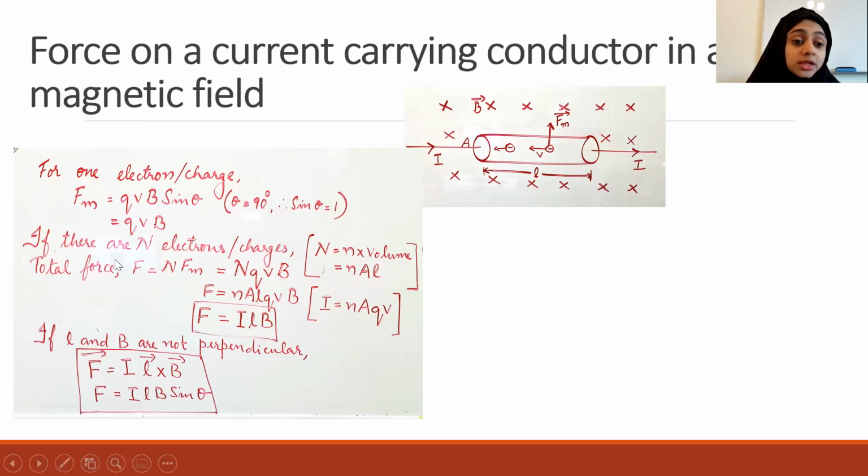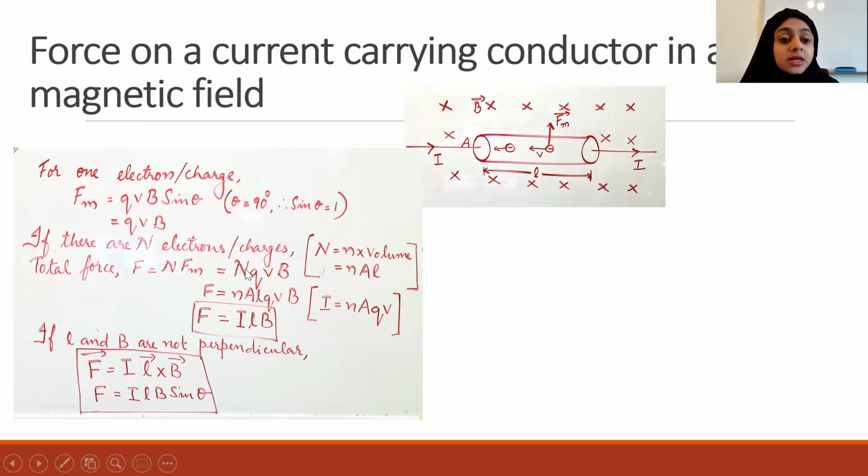So this is the force due to one charge, and this is the total force. If there are N charge carriers, then F will be equal to N times the force acting upon one electron. So F equals Fm times N. I have substituted QVB for Fm here, so we get that the total force F is equal to N times QVB.